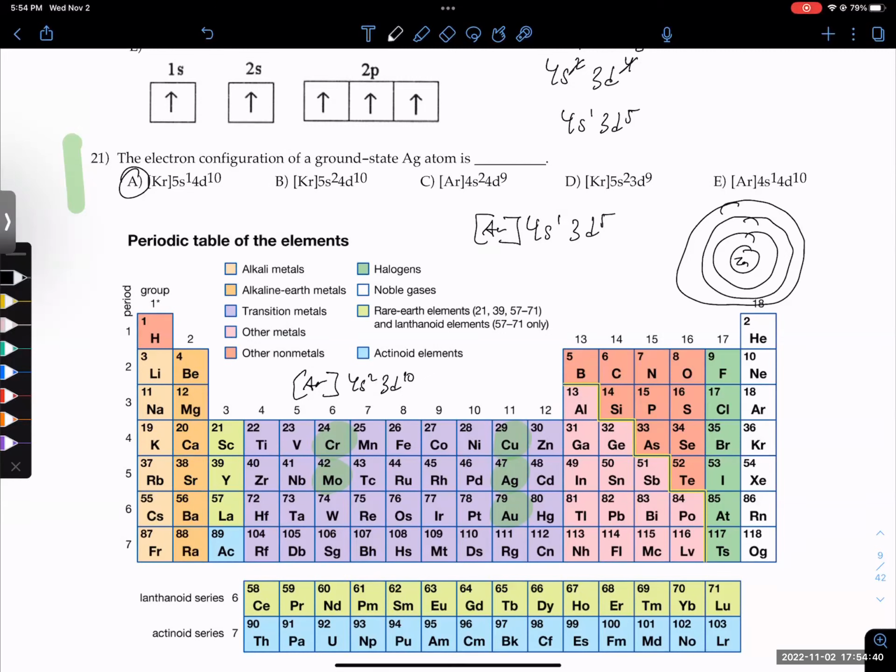Yeah, that makes sense. But if the element were something like Br, for example, it would be 7 valence electrons. Exactly. The transition metals are the ones that are kind of different, that have the regular configuration and then the noble gas.